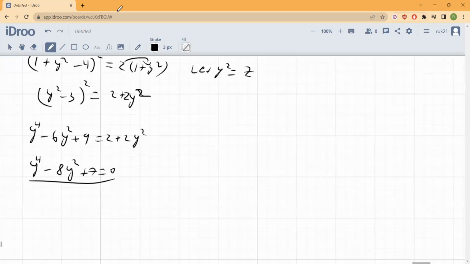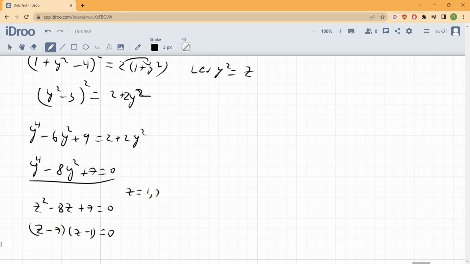So we get z squared minus 8z plus 7 equal to 0. Then we just find our z's. Here we can factor easily: (z minus 7)(z minus 1) equals 0. So now we get our two values of z: z is equal to 1 or 7.